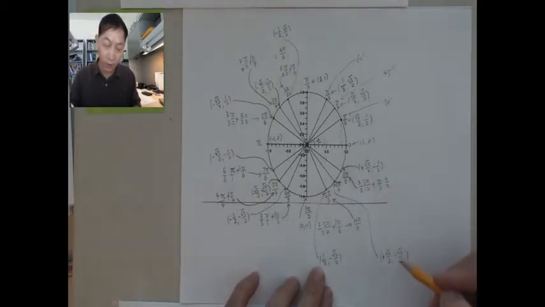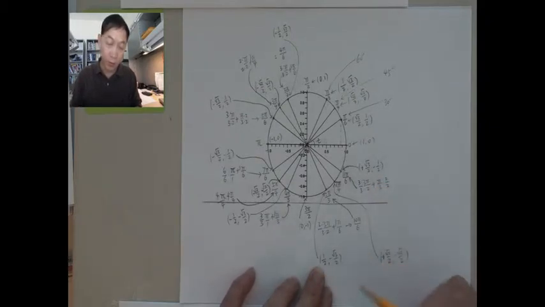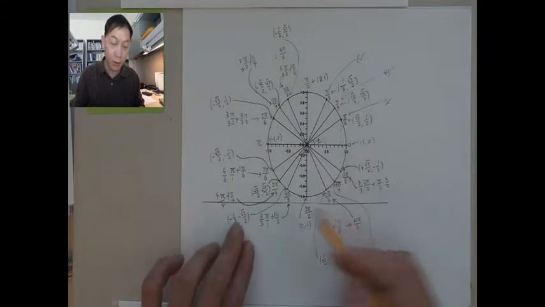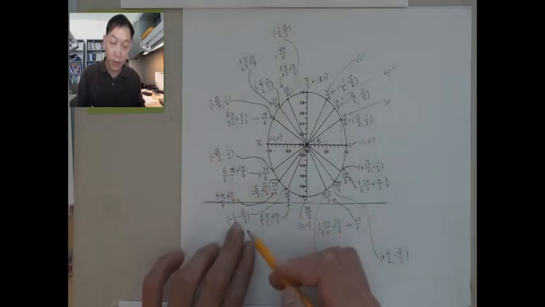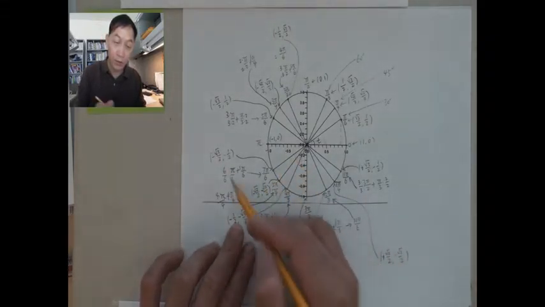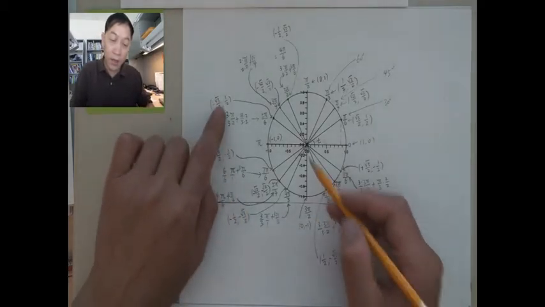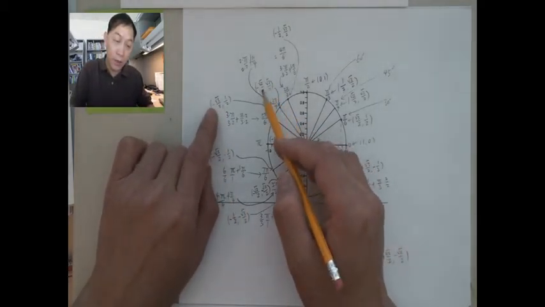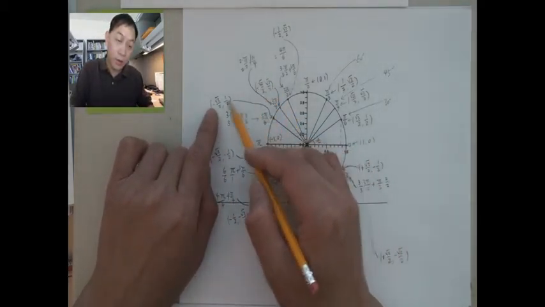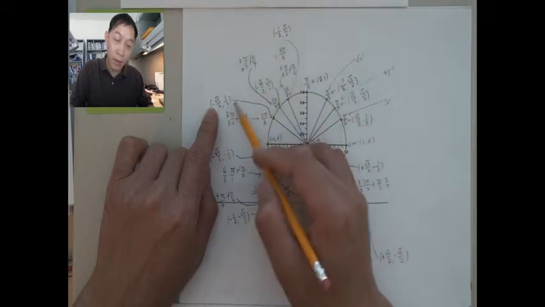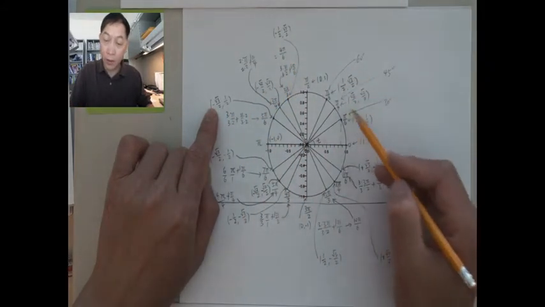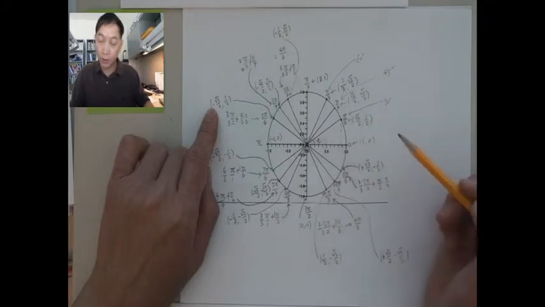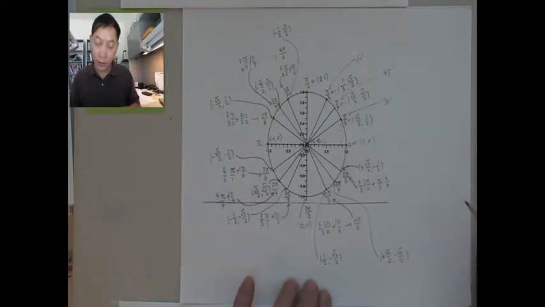So negative, negative, negative; x coordinates are positive. In the third quadrant all are negative. In the second quadrant, x is negative and y is positive. And in this one, both x and y are positive.